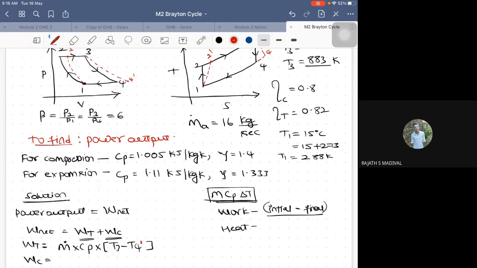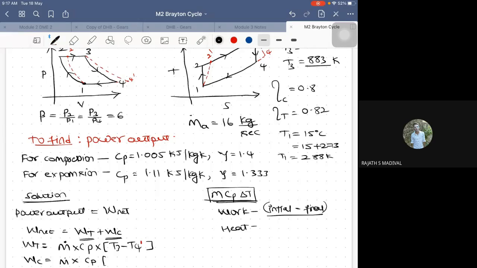Now, all of you say this for compression work. Compression work is carried out from the process 1 to 2, right? Same thing again, it is mCp delta T, for the process 1 to 2. So I would write m dot into Cp.